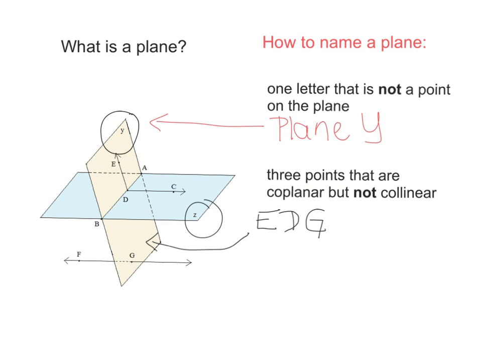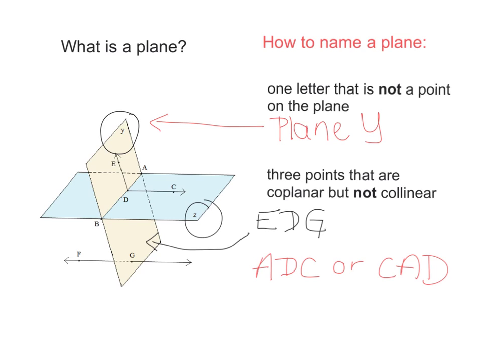Let's look at the blue plane for a second. We could name the blue plane plane ADC. Now, the order of these points does not matter, so we could call it CAD. The order doesn't matter. What does matter is that we use exactly 3 points.